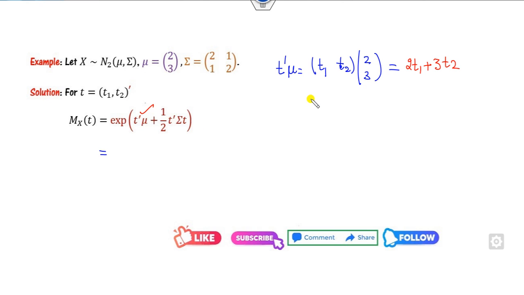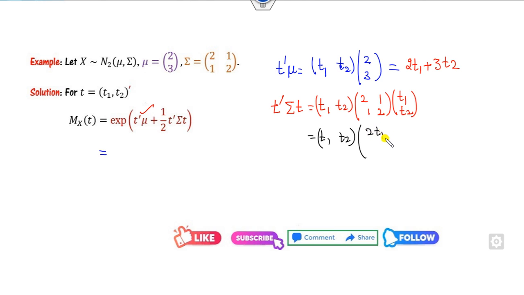Now for the second number, t transpose sigma t. So this is t1, t2. Sigma will be 2, 1, 1, 2, and this will be t1, t2. So how can you multiply them? This will be 2t1 plus t2, t1 plus 2t2, times this.